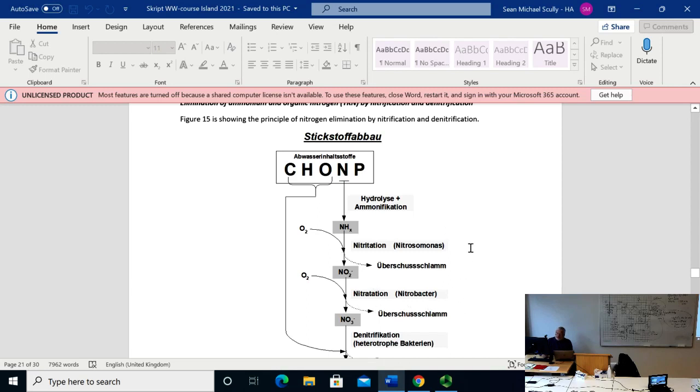That's not true anymore, because those were first identified to be the microorganisms doing the nitrification, and for a long time it was thought they are the only ones, especially Nitrobacter, but then they found by FISH, fluorescence in situ hybridization, a lot of other microorganisms also capable of doing this nitritation and nitratation.